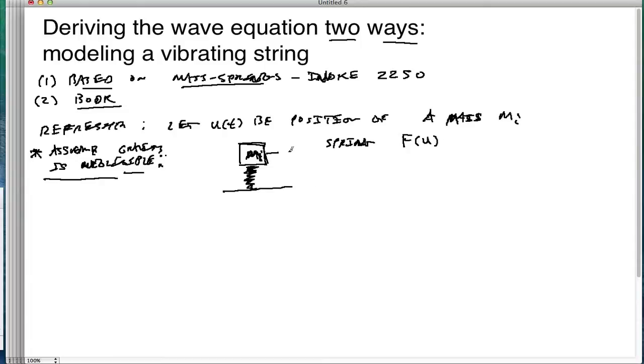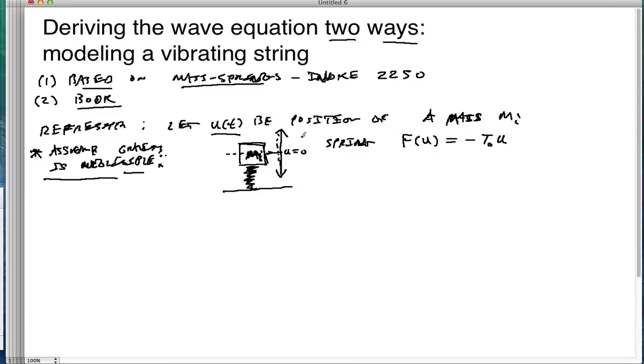Here is u; think of u equal to 0 as this neutral point right here. We want to know the motion up and down, so u of t is that motion at time t. The spring force is going to be equal to negative t0 times u.